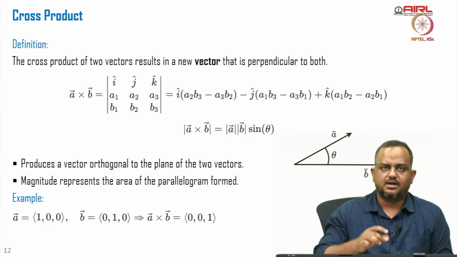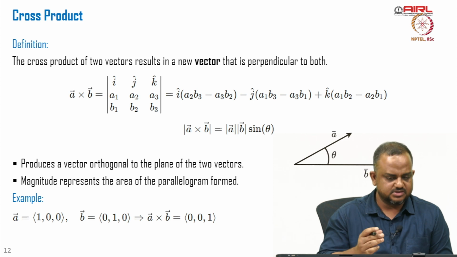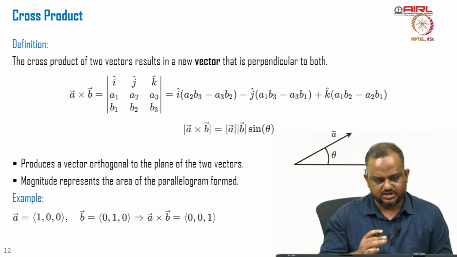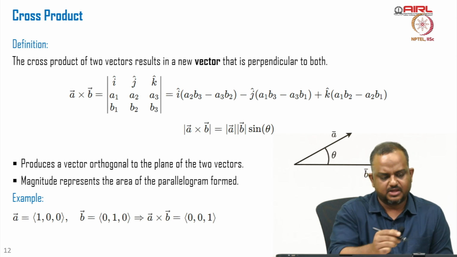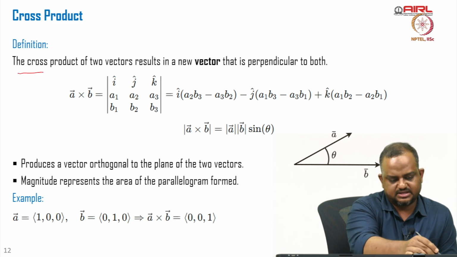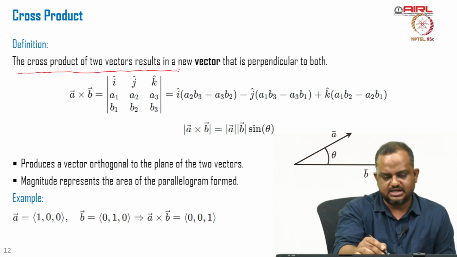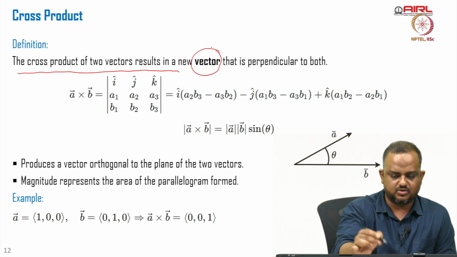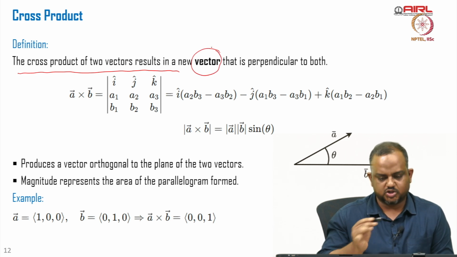The second important concept of product is the cross product, where, when we take the cross product of two vectors, it results in another new vector called the cross product vector.